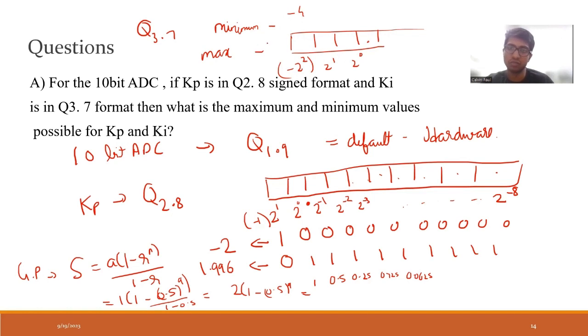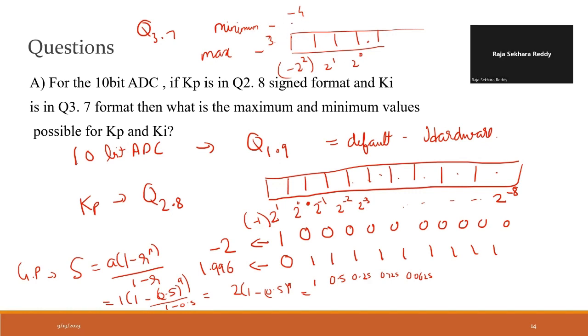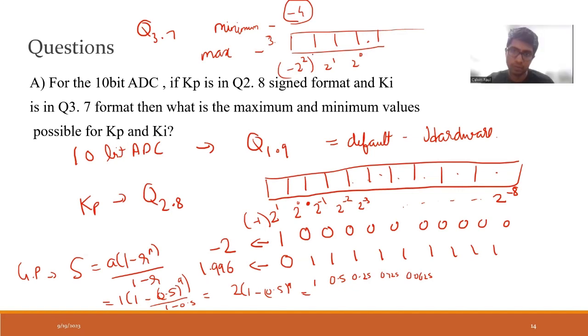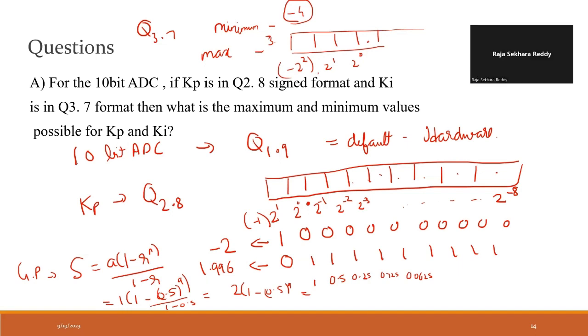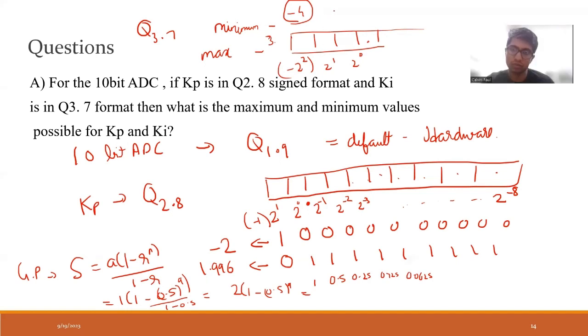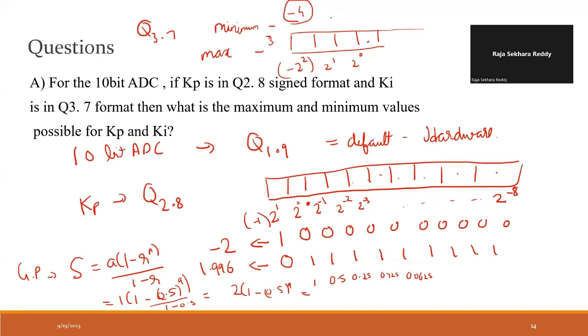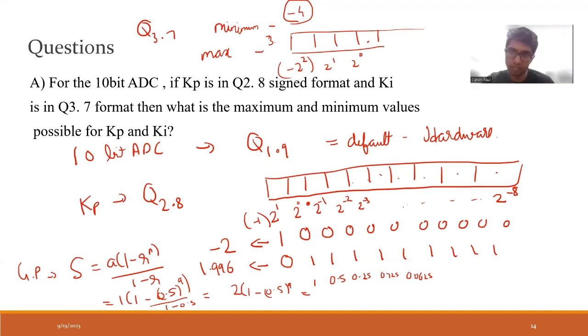The minimum value is minus 4, and the maximum value will be around 3.99. If we put that 1 and 0, it will become 1 into 2 to the power 2, with a minus sign, which is minus 4. Minus 12 was also mentioned for attaining the maximum value.